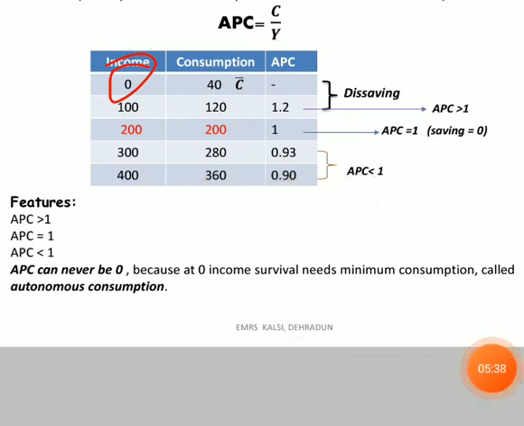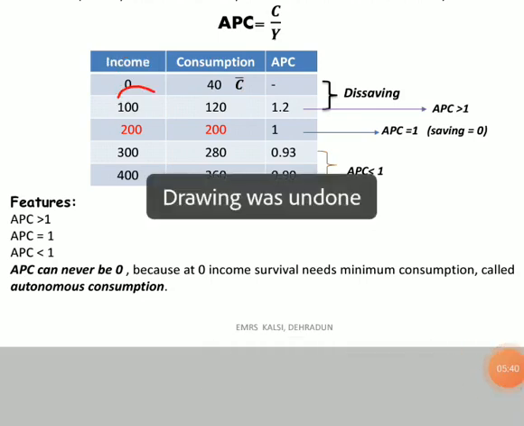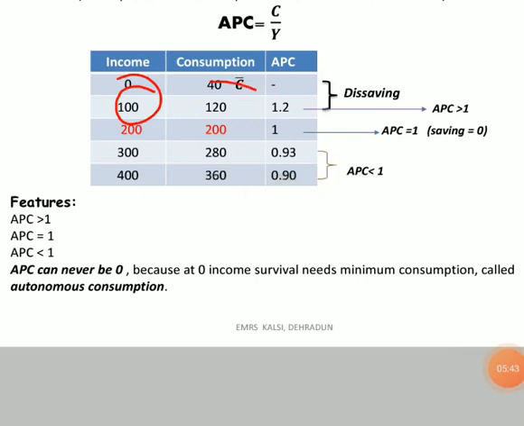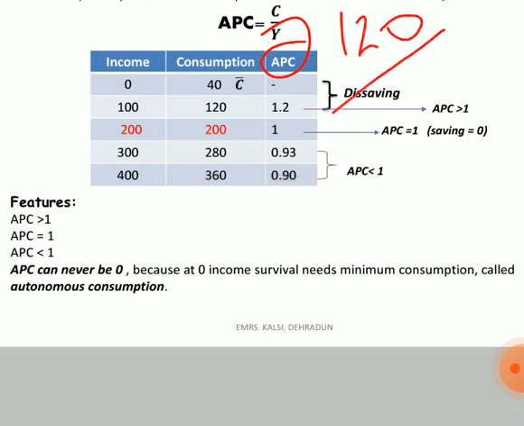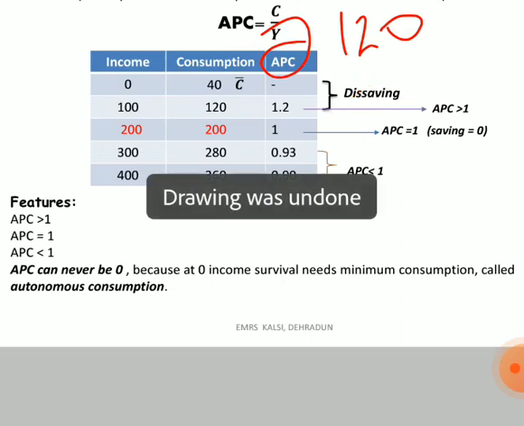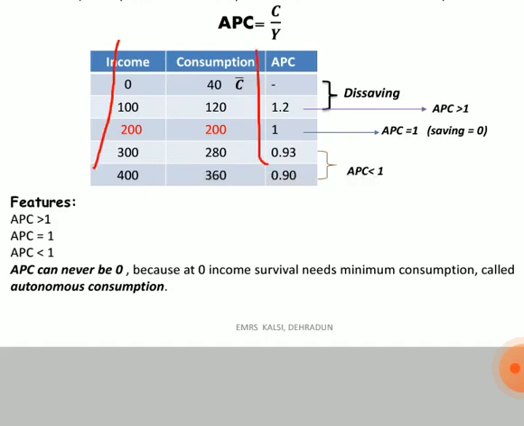Now when your income is rupees 100, your consumption is 120, and we find APC by 120 upon 100. As the income increases, the consumption also increases.